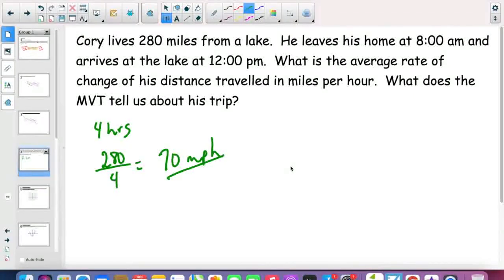Even though at some instant he may have traveled over or under 70 miles per hour, we know somewhere within that 4-hour trip his speed had to be exactly 70 miles per hour in order to go from a speed lower than 70 miles per hour to a speed higher than 70 miles per hour.